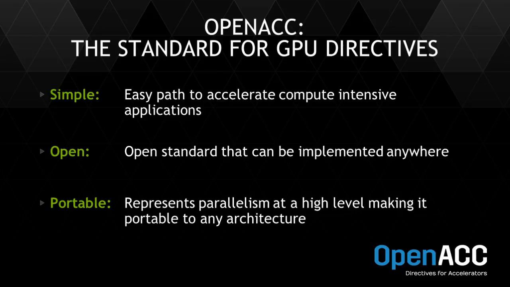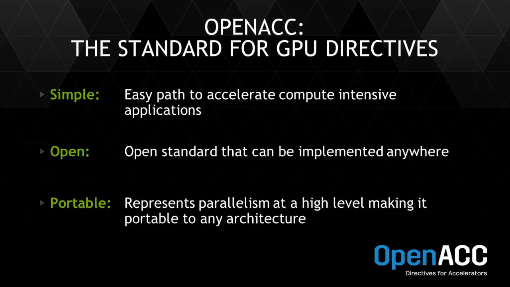OpenACC is the specification that we're going to use to teach you today. OpenACC is designed to be simple as a way to accelerate compute-intensive applications. It is an open specification, so it's designed by a committee of members and released in the open so that anybody can implement it. And so we really want it to be adopted in as many places as possible.